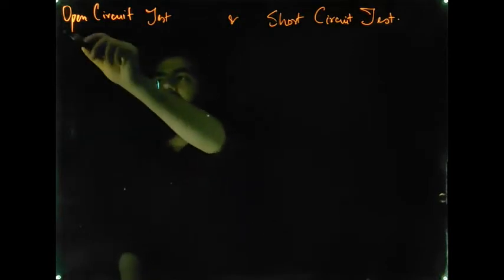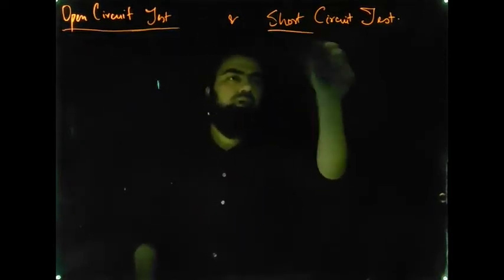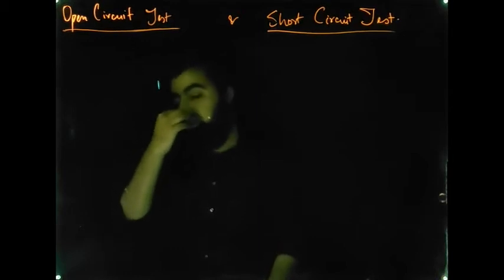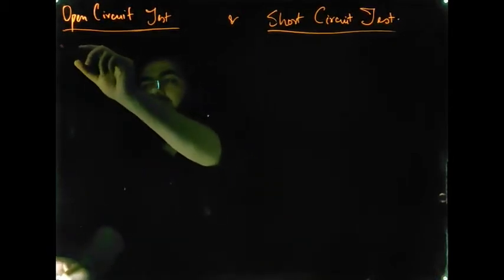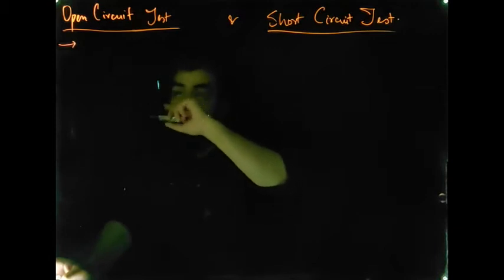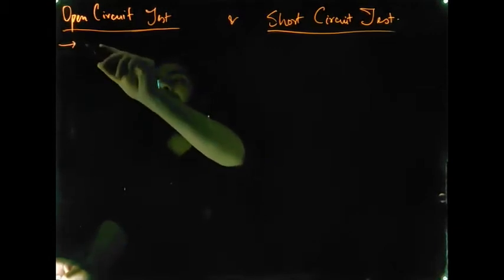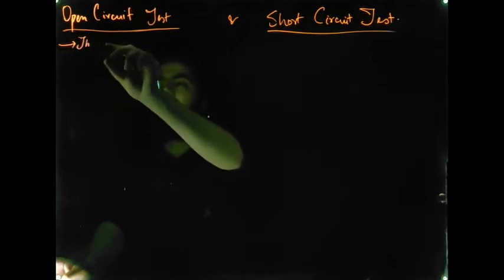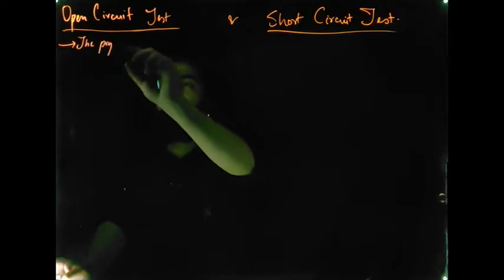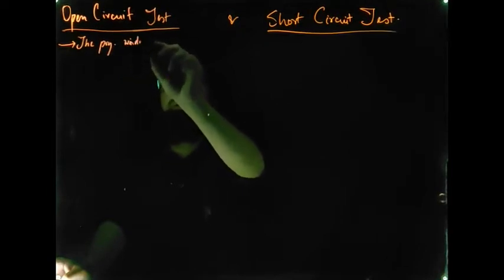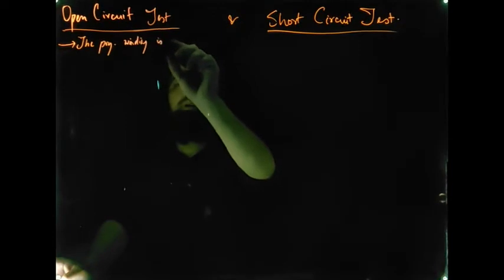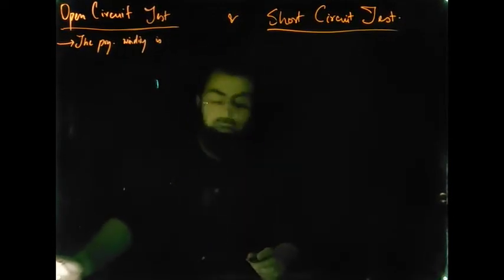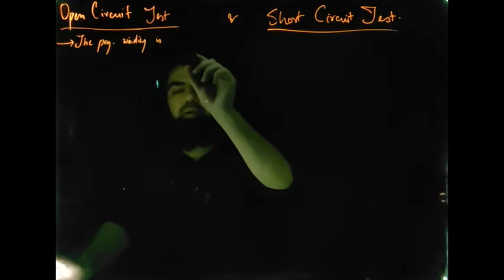For that we can perform various tests. The first one is the open circuit test. In case of an open circuit test, rated voltage is applied to the primary winding.